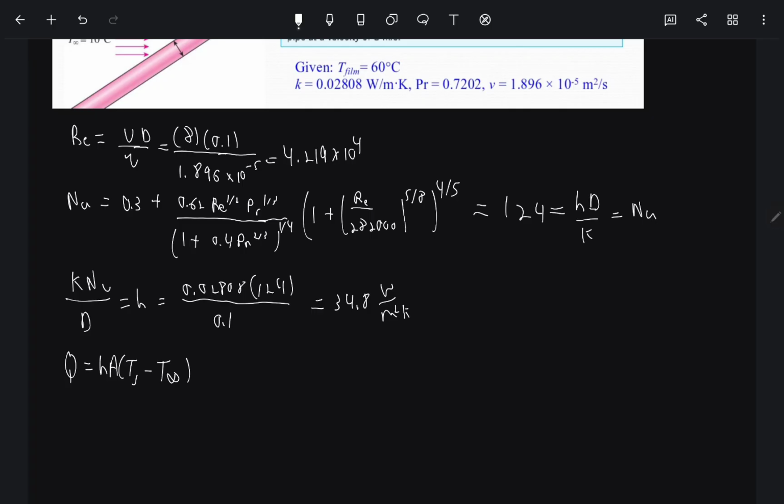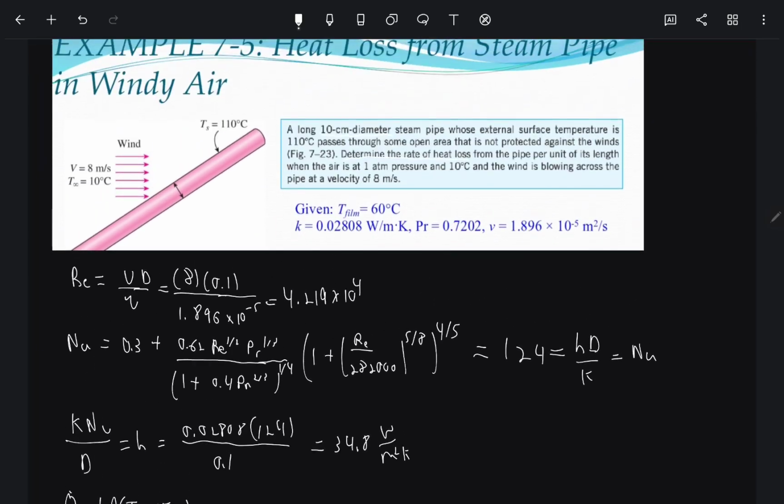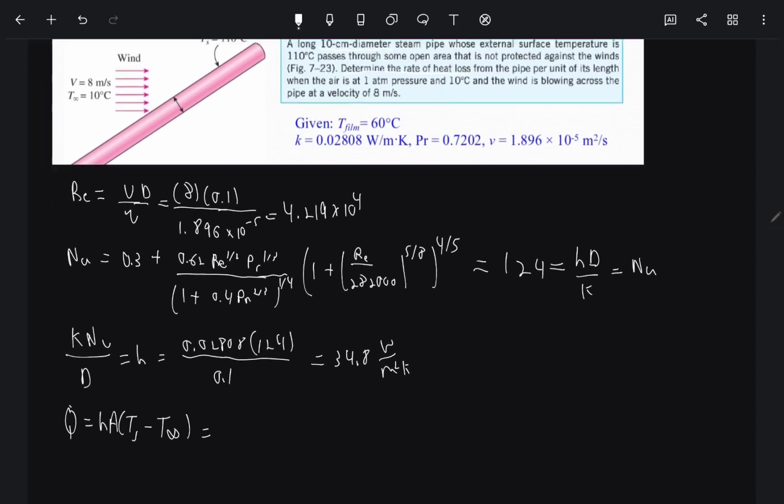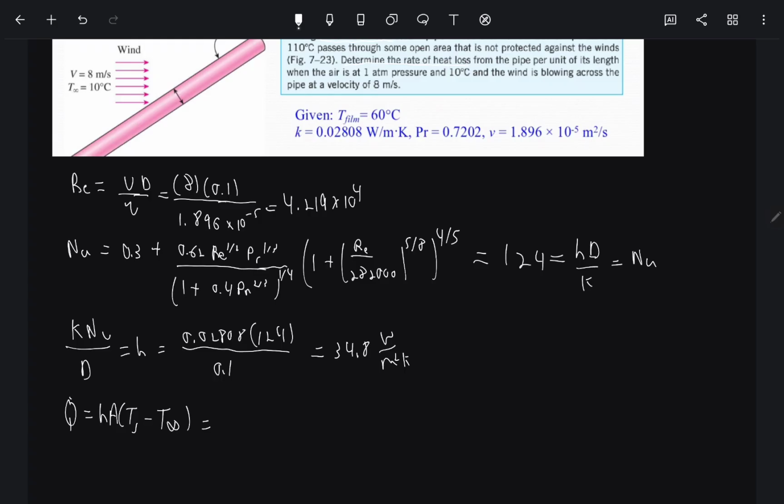Before, you might have seen the other way around. Here we just need the absolute value. So whichever one is greater is going first. And because I know that the surface, 110, is greater, that's going first.